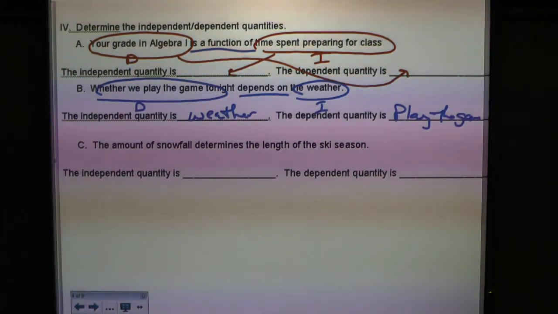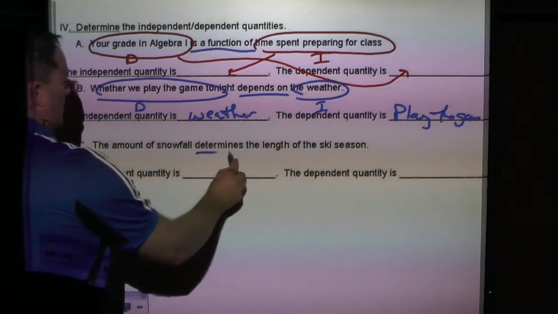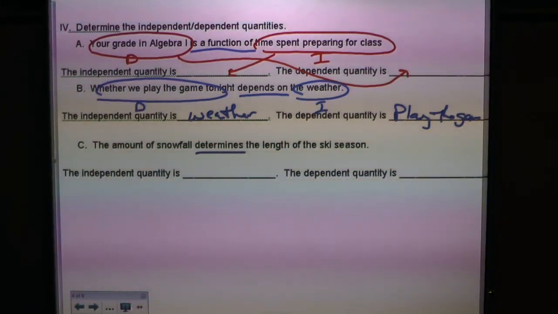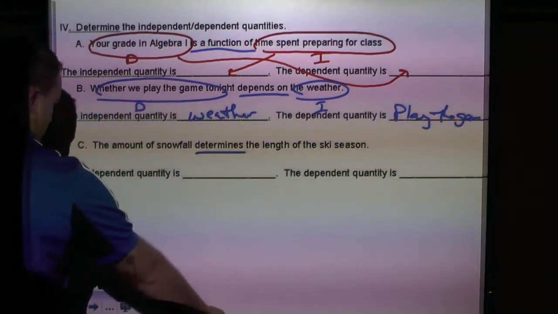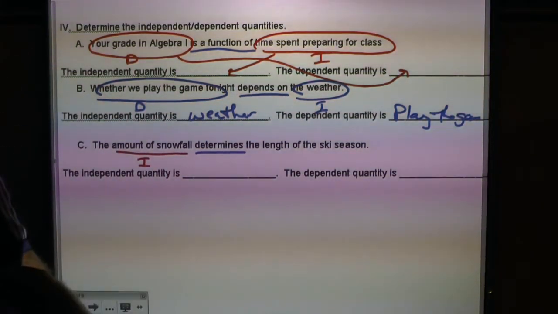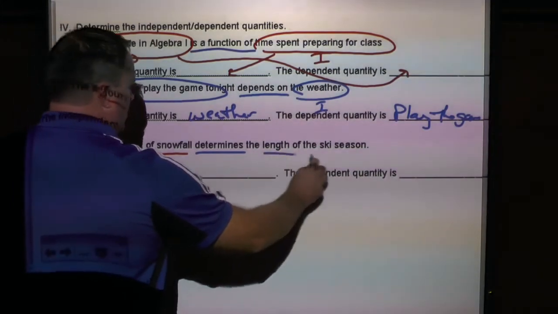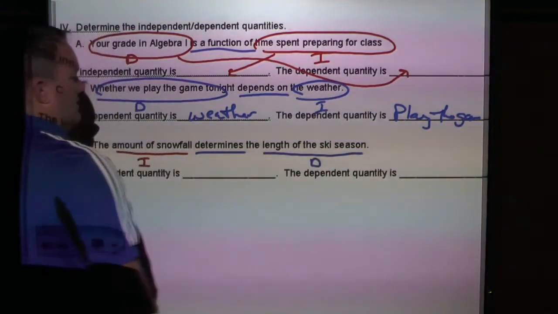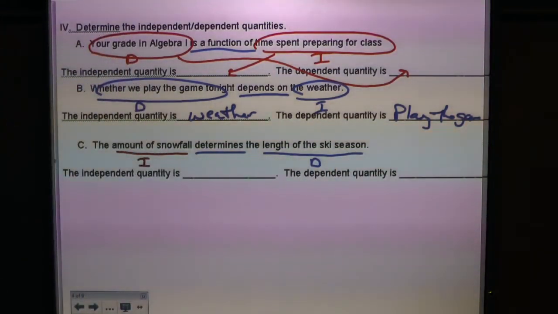Amount of snowfall determines the length of the ski season. Key word in there, determines. We have a determined statement. This is the opposite of these two up here. In a determined statement, the amount of snowfall is your independent variable. The length of the ski season is a dependent variable.